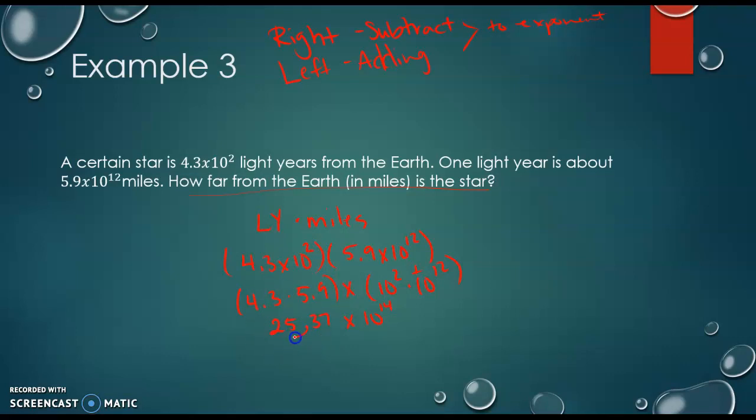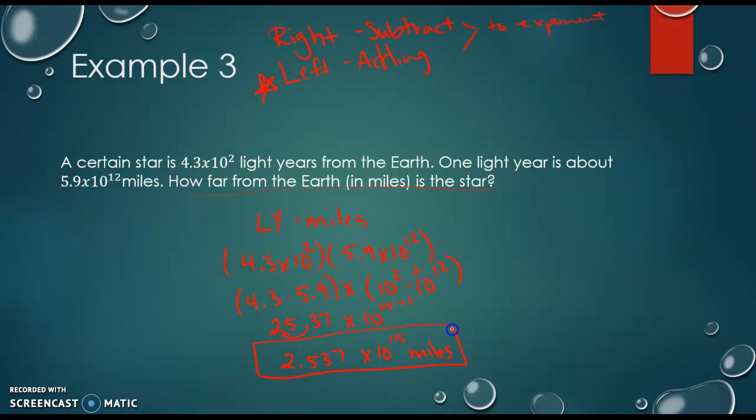And so I need to move my decimal, and I'm moving it to the left. And since I'm moving it to the left, we're going to add 1 to our exponent. So we're now going to have 2.537 times 10 to the 15th power, and that's how many miles the star is from Earth.